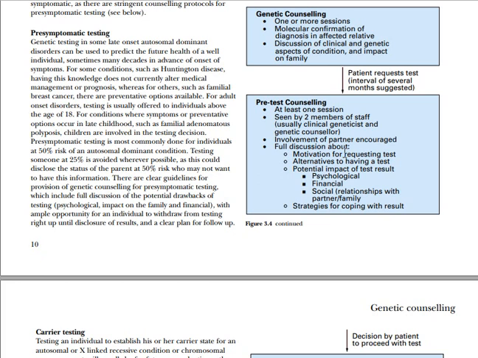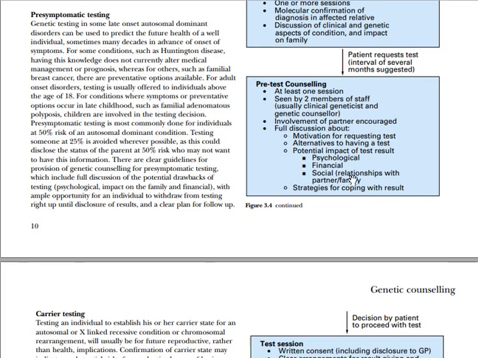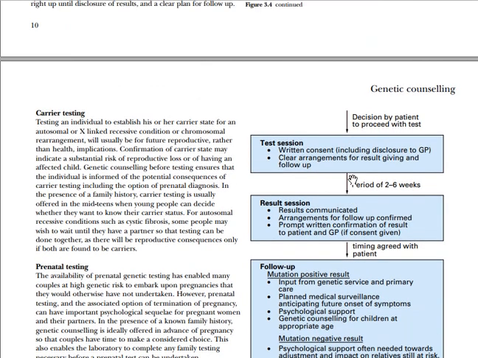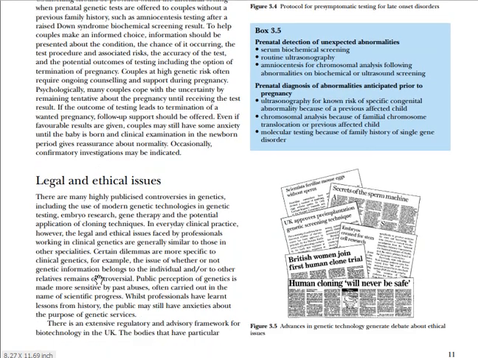You have full discussion about motivation for requesting the test, alternatives to having the test, and the potential impact of the test result. Like if you find that you and your wife both have an autosomal recessive condition, you have to have psychological and social thoughts about your relationship. Is it clear? Now the next one is carrier testing. You can do it with cytogenetic methods and all that. You have prenatal testing, so I'm not going to speak about that.